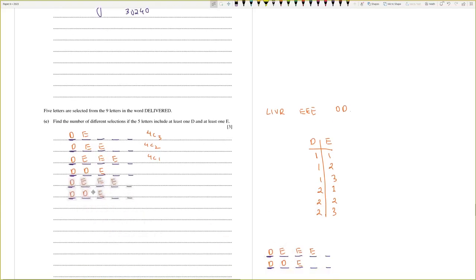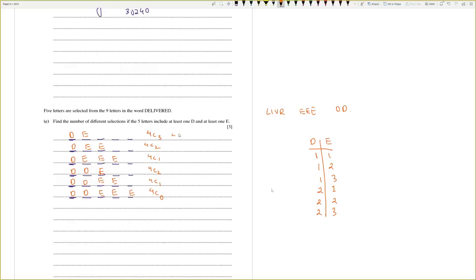Yeah, so as I was saying, 2D, 2E or 2D, 3E. So this is basically one way only. It's 4C0 or 1. Here we have the other two, that is 4C2. This is 4C1. So let's add all of them up.